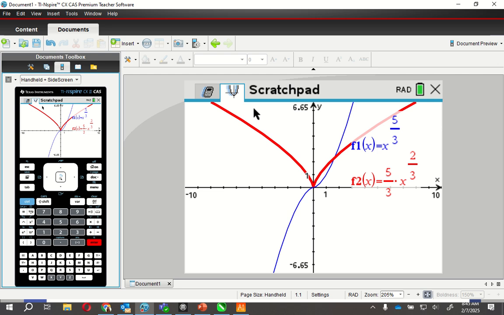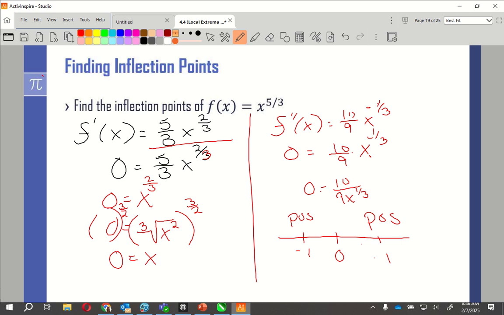And then from there, I could actually look to see, from here it looks like my original graph, this is all concave down, and this is all going to be concave up. So I could actually use second derivative also to test at those same points. So f double prime, if I'm using second derivative, plug in -1.